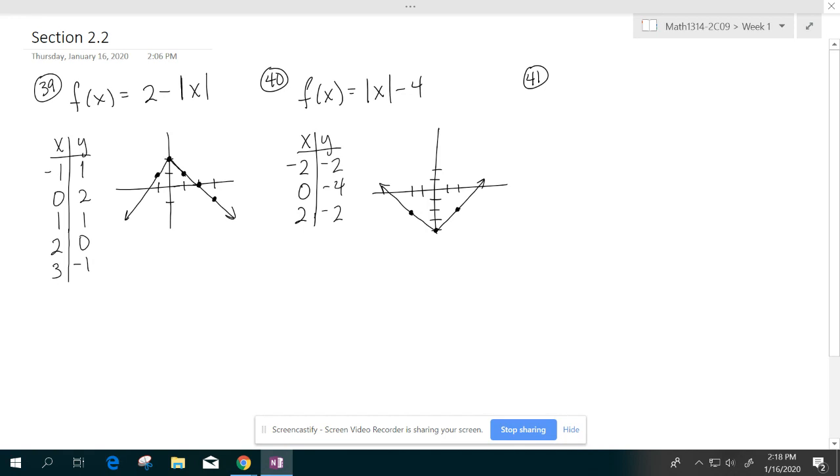41. Is that an absolute value function? What is the shape of the graph? A V, always, right?